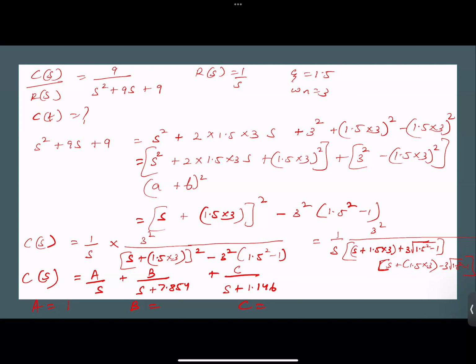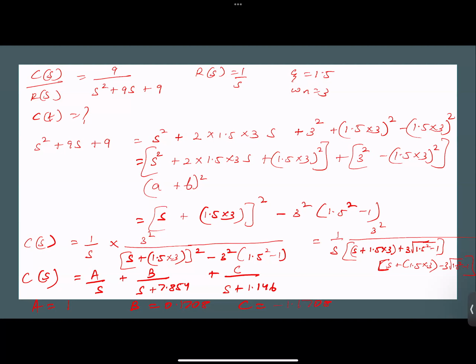What is the value of B? 0.1708 and C is, I've gotten C as minus 1.1708.